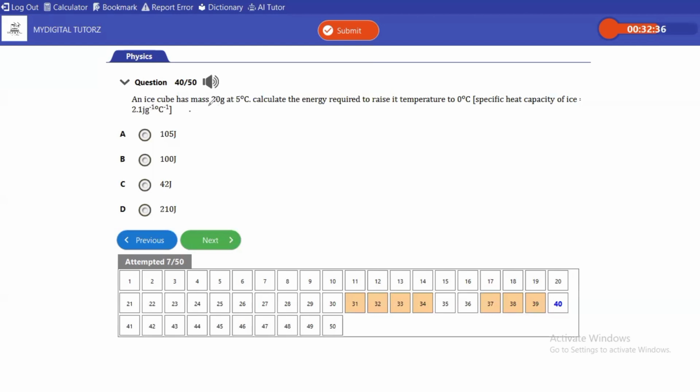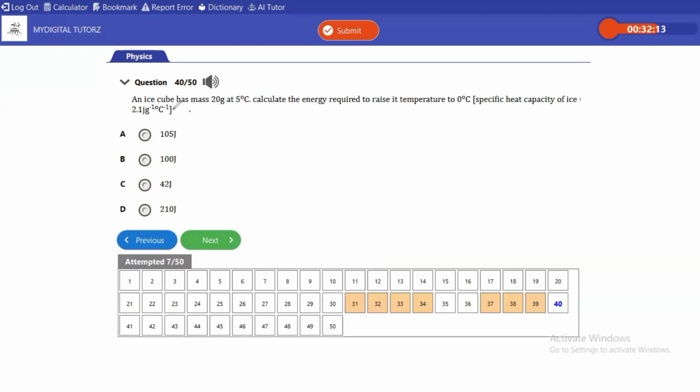I specifically have a problem with this question. I think it should be calculate the energy required to lower its temperature from 5 degrees Celsius to 0 degrees Celsius.